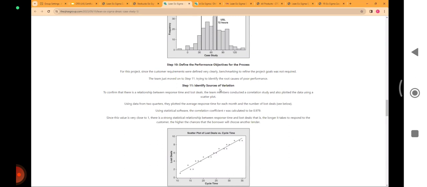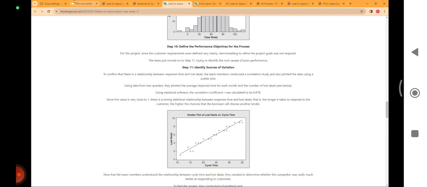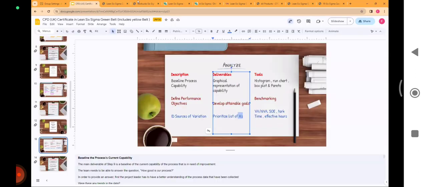After a source of variation has been identified in these group discussions, we now need to confirm whether it is true. So we need to confirm the relationship: are these lost deals actually happening because of response time? They conducted a correlation study and plotted the data using a scatter plot, as you can see right here.